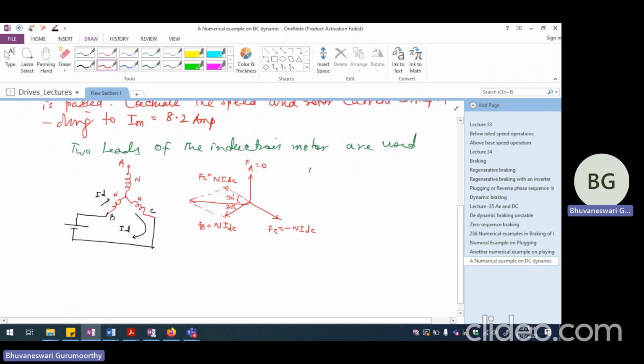So this is actually NIDC cos 30 plus NIDC cos 30, which is going to be 2 times NIDC root 3 divided by 2. That's why we get root 3 times N times IDC. So this is the resultant we get for the two-lead connection.